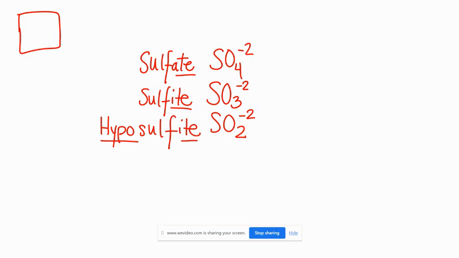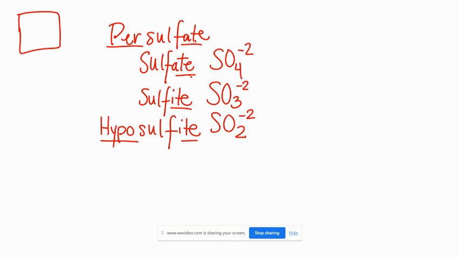Now, for our wording, being lazy scientists that we are, we drop off the HY, and this becomes persulfate. So the -ate stays the same as the common form, and the per is added to the beginning. It means hyper, but we just don't do the HY.